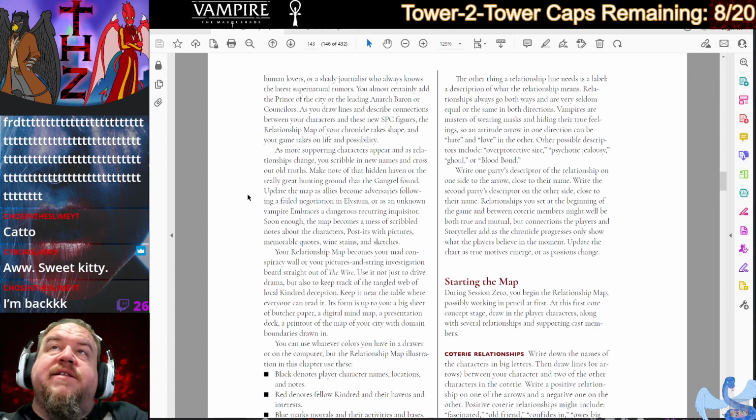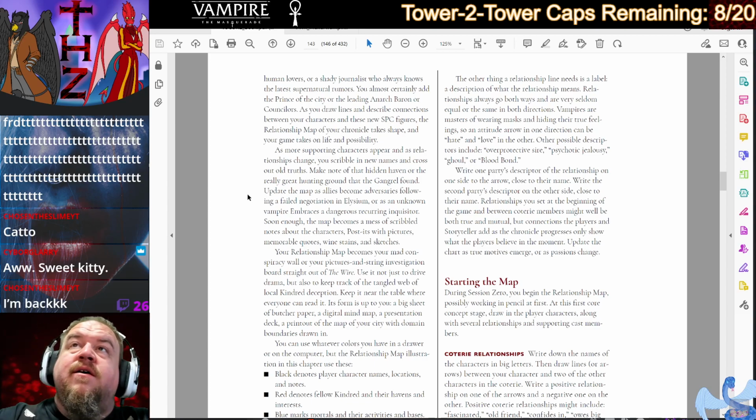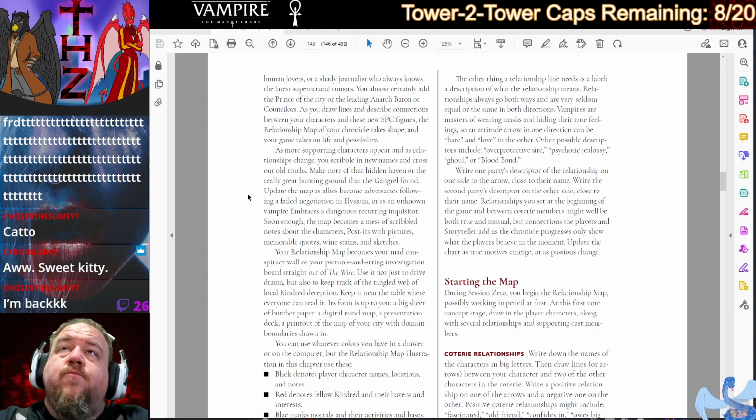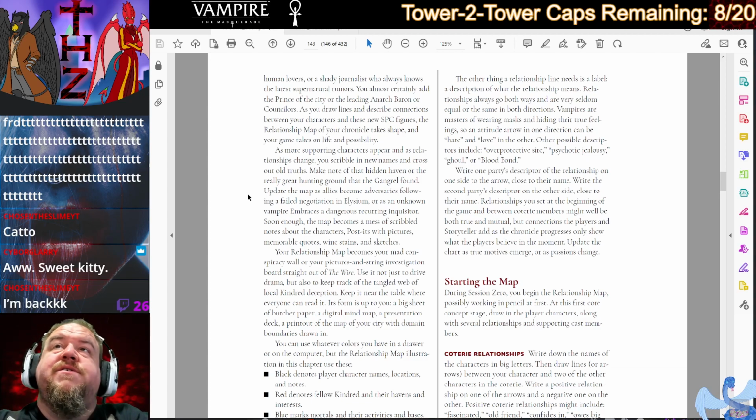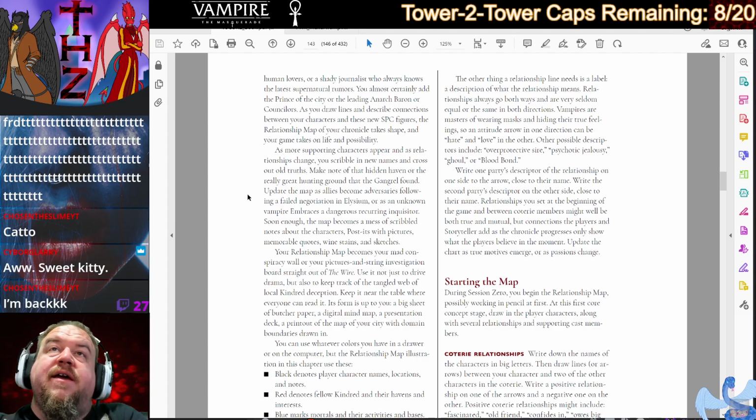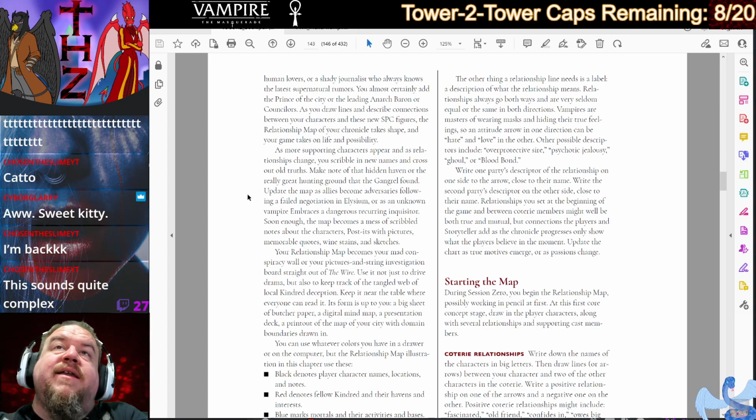As you draw lines and describe connections between your characters and these new SPC figures, storyteller, player characters, NPCs, and other systems, the relationship map of your chronicle takes shape, and your game takes on life and possibility.